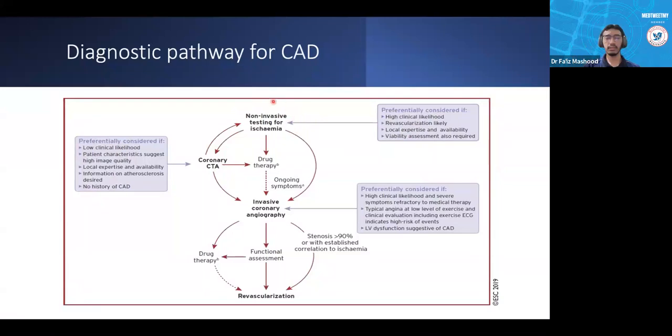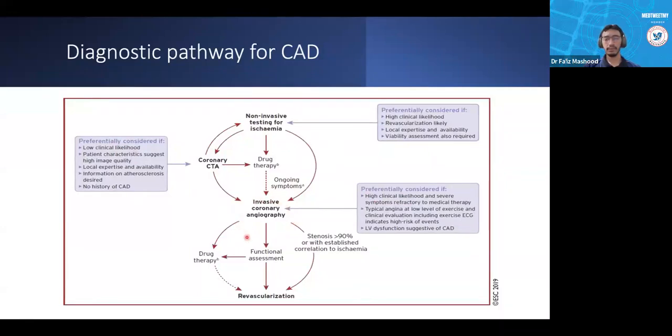This is the functional test that I mentioned just now, the DSE, CMR, and the nuclear perfusion. And if it is a high risk group with severe symptoms, refractory despite our medical therapy, yes, we can jump to invasive coronary angiogram.